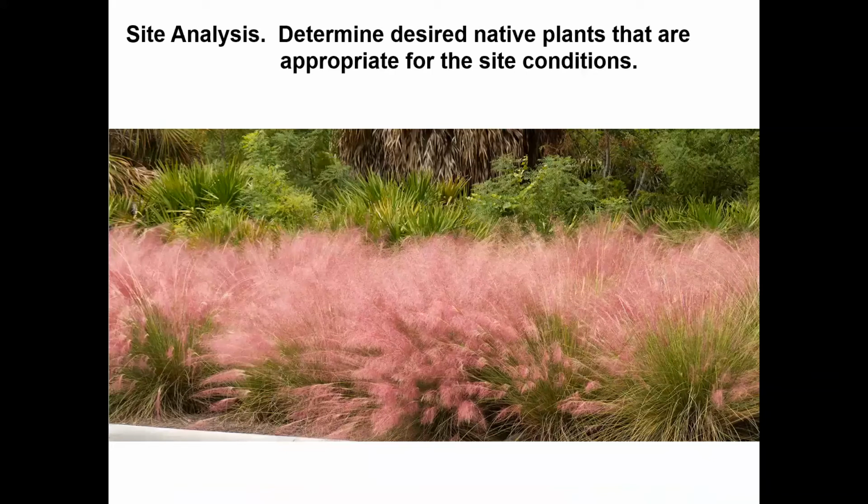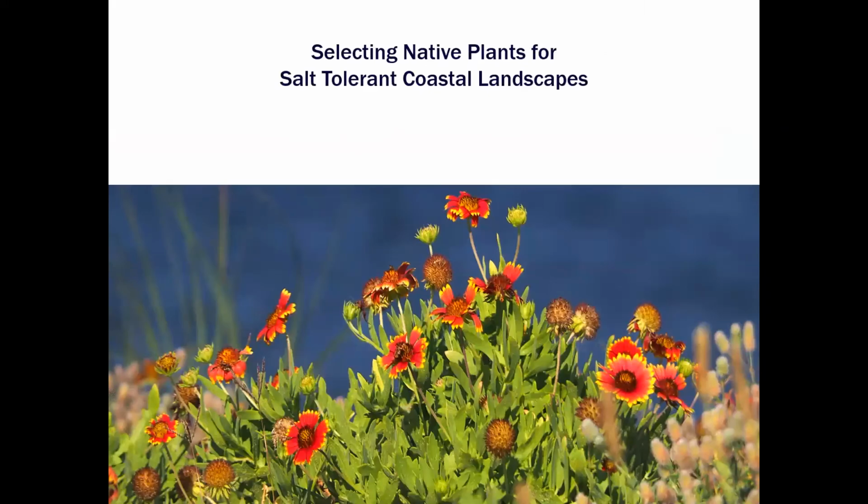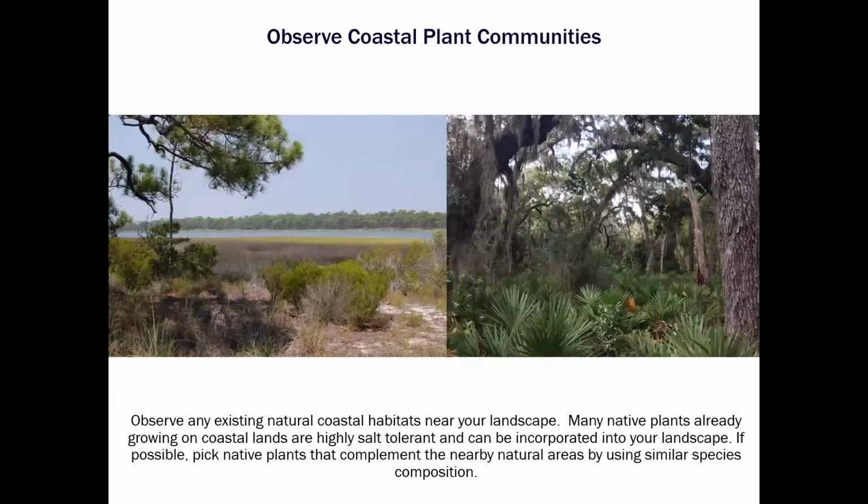And then ultimately, you're looking at what are the native plants that you want to plant and consider for the site conditions. So let's get into that just a little bit more. How do we go about selecting those native plants? First of all, if you live near any natural coastal habitats, go and seek them out, enjoy them, observe them, take pictures, and note what native plants are existing there. Many native plants are already grown on these coastal lands.